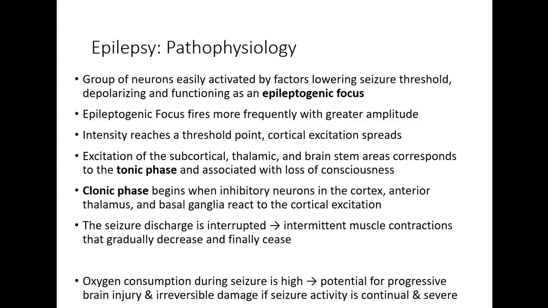So again, at the bottom here, this last bullet point, critical to know. Oxygen consumption during seizure is high, and potential for progressive brain injury and irreversible damage is there if seizure activity is continual and severe.